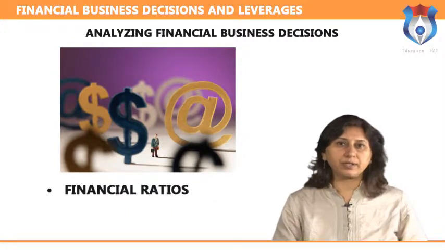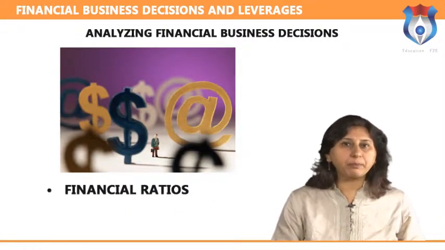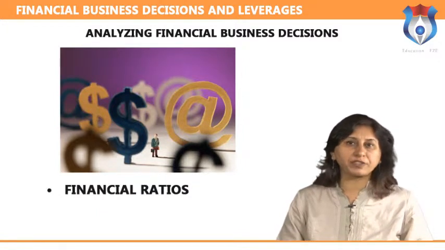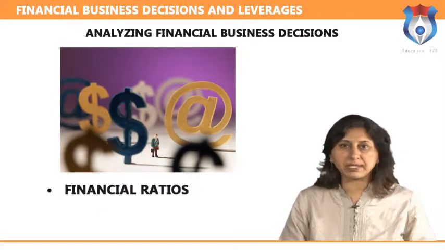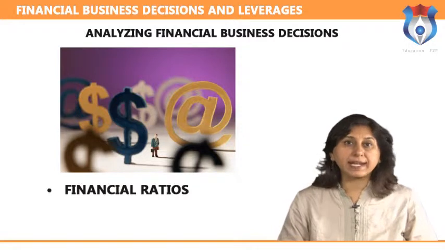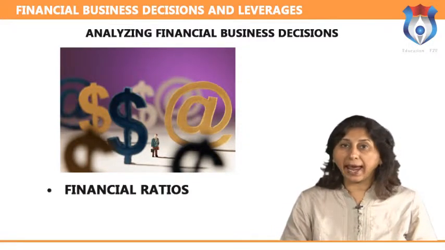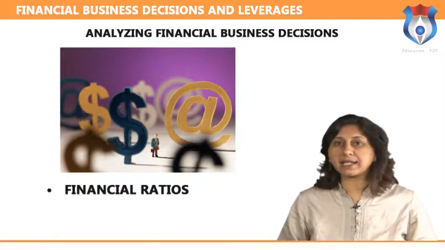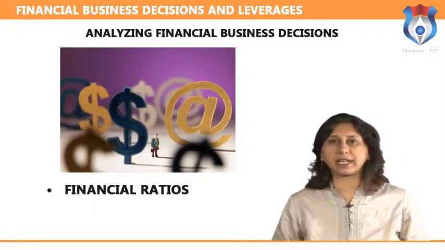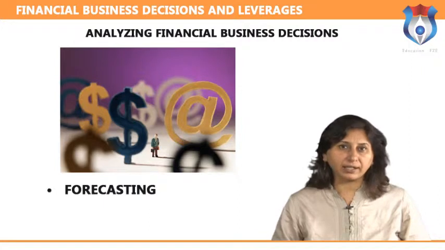Financial ratios. Financial ratios are a more in-depth analysis of the company's financial statements. These ratios take specific pieces of information from the financial statements and use mathematical formulas to create numerical indicators. Forecasting.